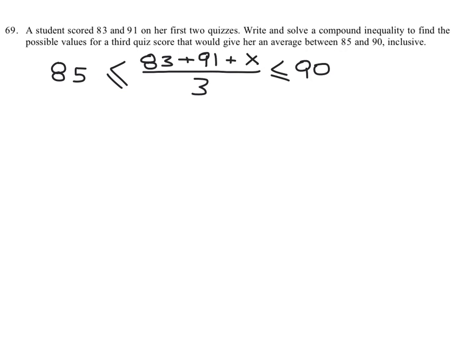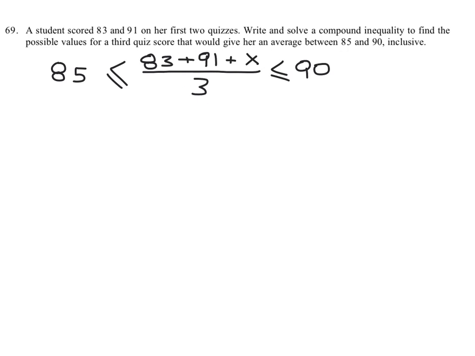Okay? Well, now what do we have to do? Well, we need to undo what's happening to the variable right now. And the very first thing we have to undo is this divided by 3. Because remember, there's invisible parentheses around the top and bottom of any kind of fraction bar like this with an expression in it. Okay, there's parentheses around it, and those happen first, and then the division happens last. So that's the first thing we have to undo.